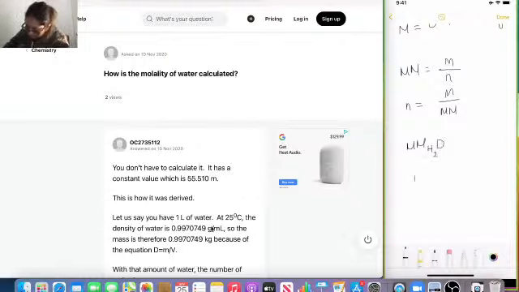To calculate this molar mass, first find the molar mass of hydrogen and then the molar mass of oxygen.